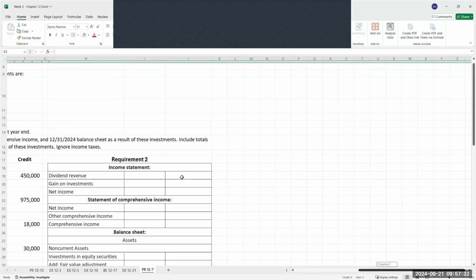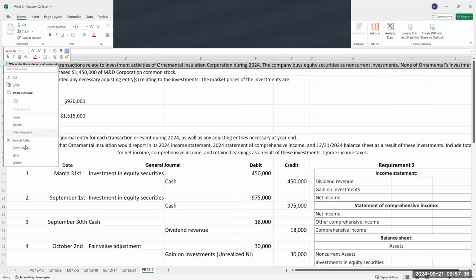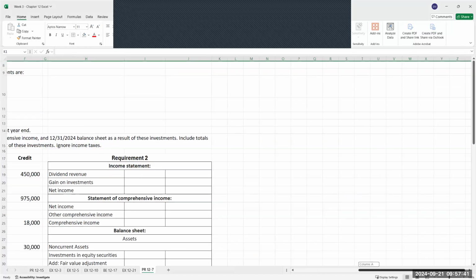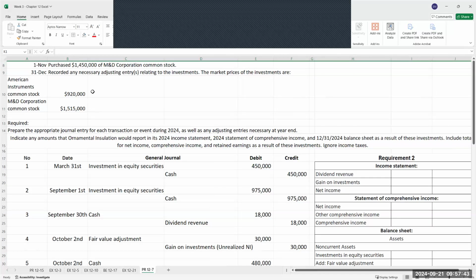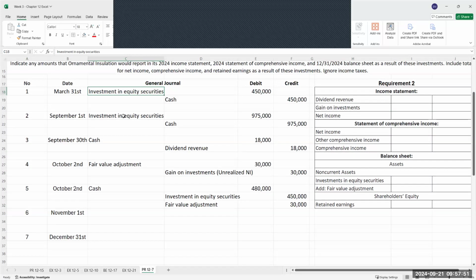So next, I want us to be able to see everything. So the next step is we essentially need to account for that. On November 1st, it says that we purchased $1,450,000 of M&D Corporation common stock. We've seen this journal entry before. We saw it on March 31st. We're now seeing it again.